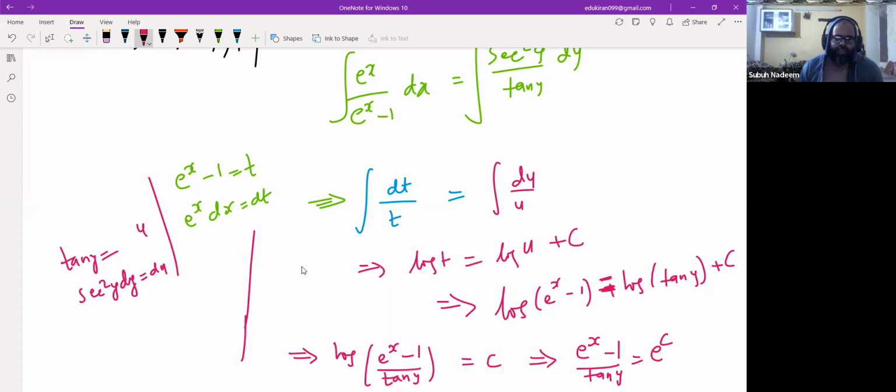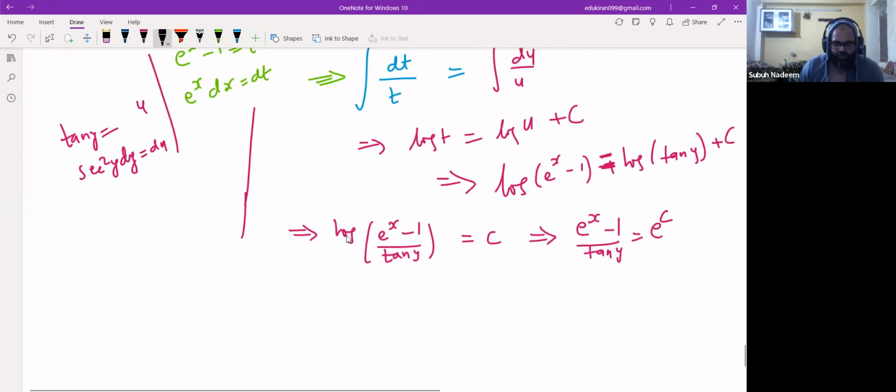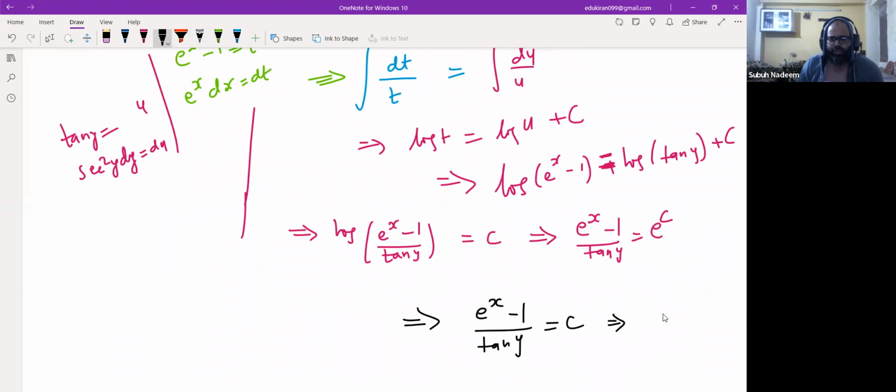So change the log into exponential. They mostly do this. And e to the power c is also a constant of integration, so it is written as another c. So e to the power x minus 1 is equal to c tan y. This may be your answer.